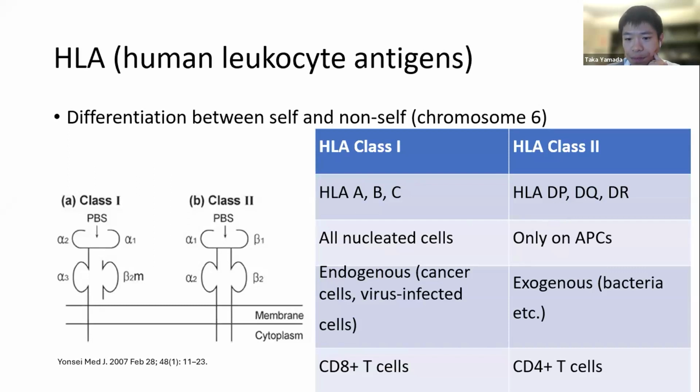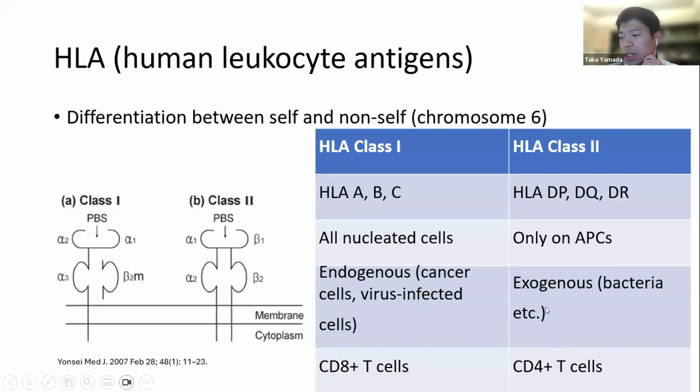HLA class 1 molecules are expressed on the surface of almost all nucleated cells. On the other hand, class 2 HLA molecules are expressed only on B lymphocytes, antigen-presenting cells such as monocytes, macrophages, and dendritic cells, and activated T lymphocytes. Class 1 HLA recognizes endogenous antigens, derived from such as cancer cells or virus-infected cells.